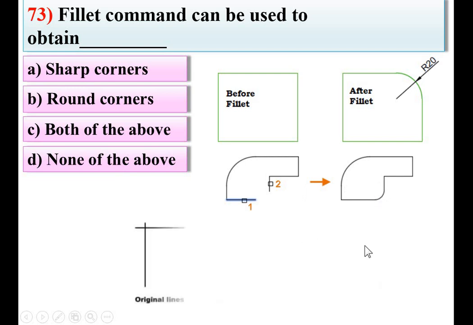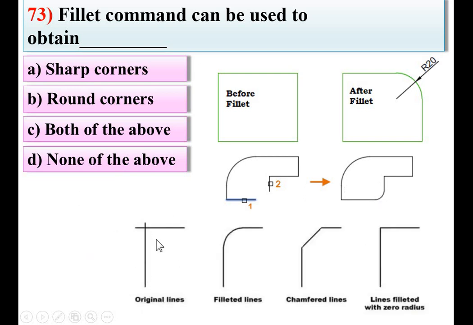I am going to show one more image. Here you can understand, if there are two lines, and if I apply the fillet command between these two edges, then I will get these round corners. With the chamfer command, it will be like that. And if I apply the fillet command between these two lines with 0 radius, then I will get sharp corners.